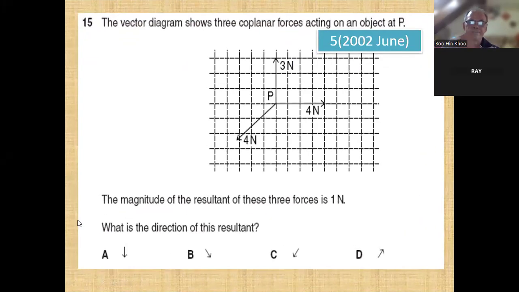How about this one? Vector diagram shows three coplanar forces acting on a point on an object at P. Magnitude of the resultant of these three forces is 1 Newton. Which direction is the resultant?